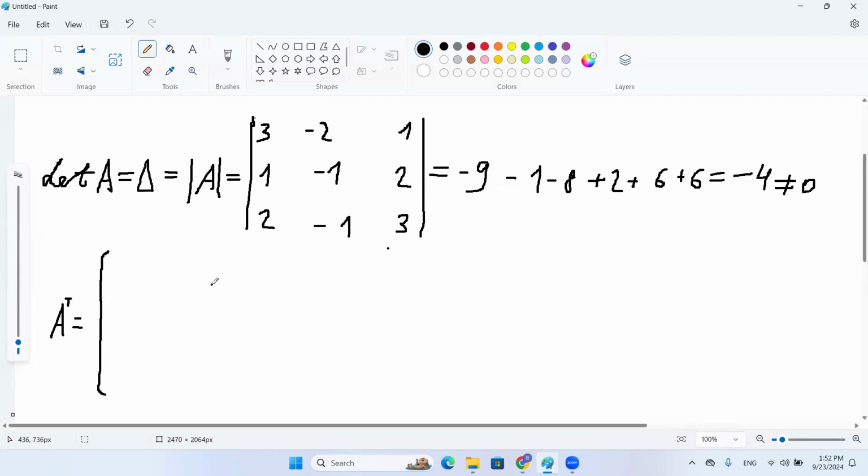Do you want to assist me now to transpose the matrix? So which coefficients will we have? I'd like to help.